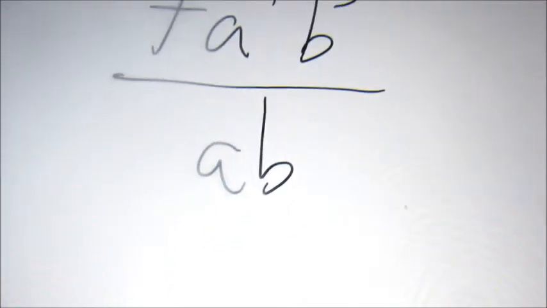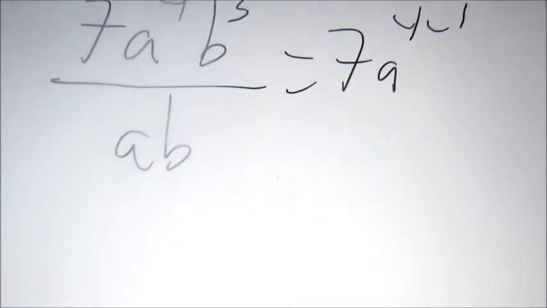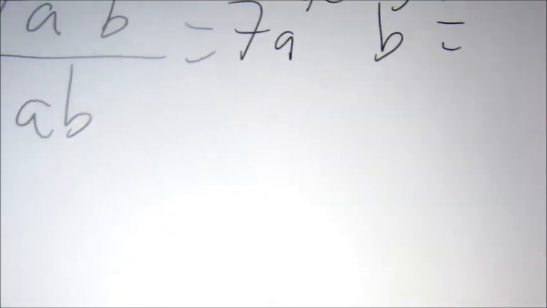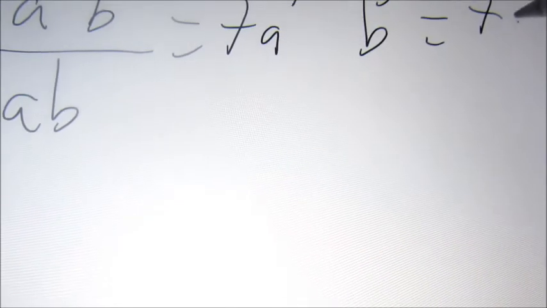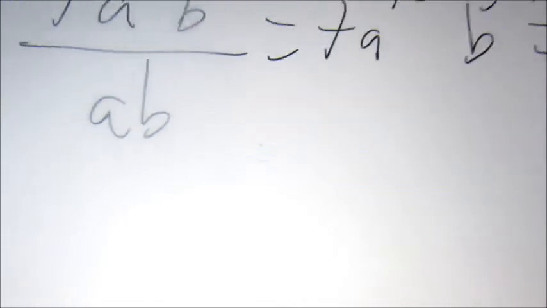I'm going to do them separately here, and then I'm going to do them as a proof just to show that we get the same answer. So 7 divided by 1 is just 7. And then we have a to the 4 minus 1 and b to the 3 minus 1, which is going to be equal to 7, a to the 3, b to the 2.